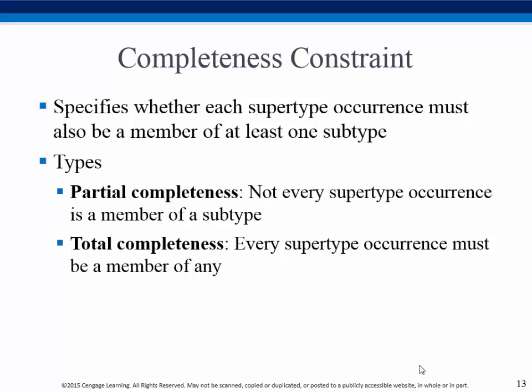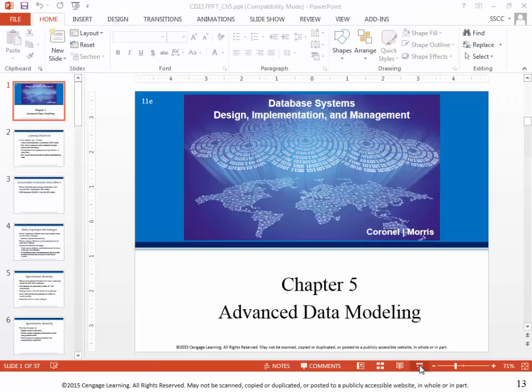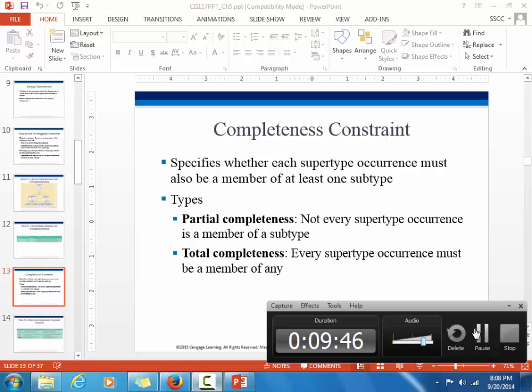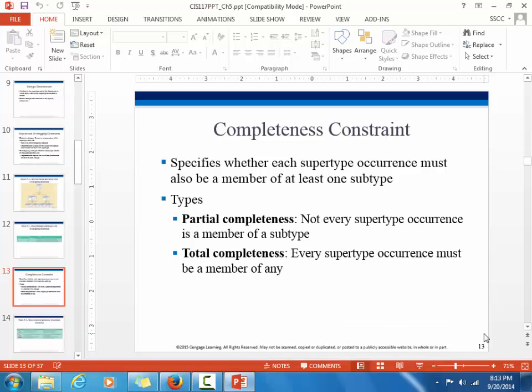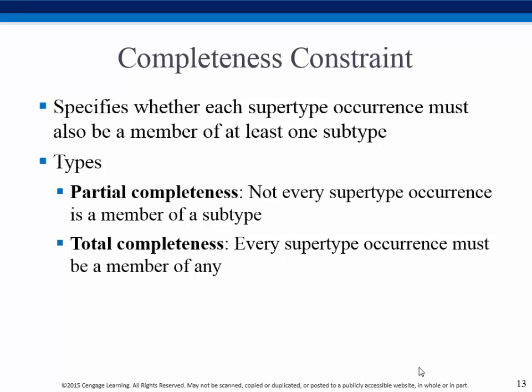The completeness constraint specifies whether each entity supertype occurrence must also be a member of at least one subtype.